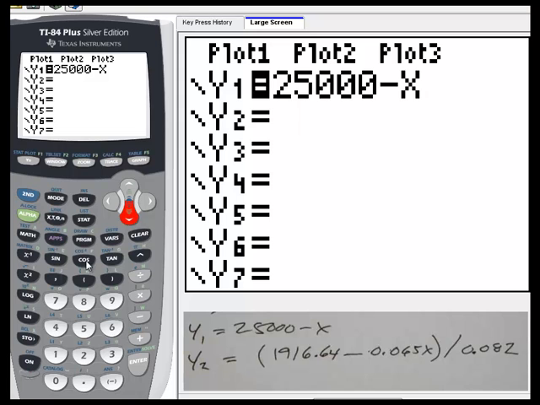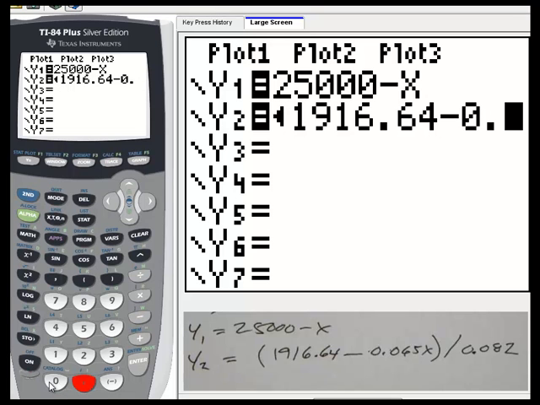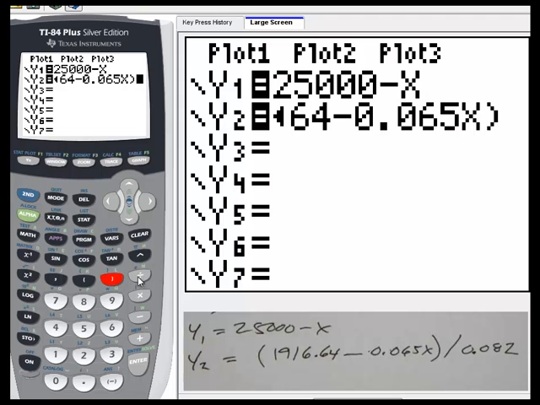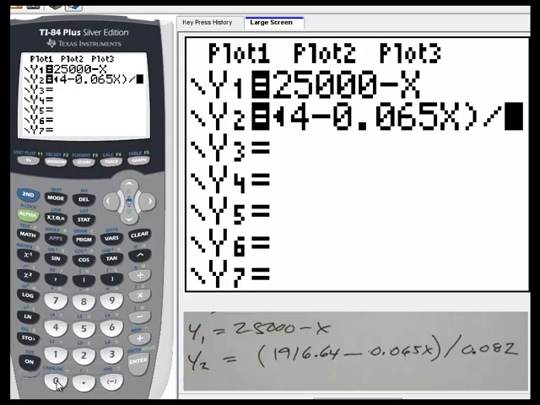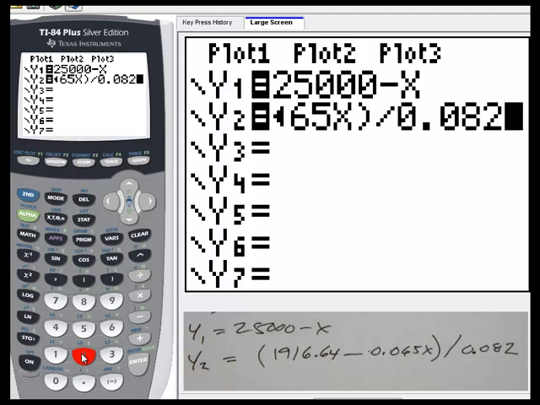For y2, parenthesis, 1916.64 minus 0.065x, parenthesis, divided by 0.082.